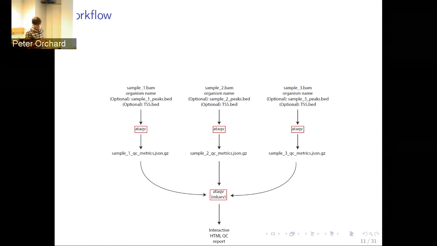So the idea of ataqv is it's kind of as modular as possible, again, so you can fit it into an existing pipeline. So you have for each of your samples a BAM file, which is just kind of a file of aligned reads. It's a standard file you see in genomic analyses.